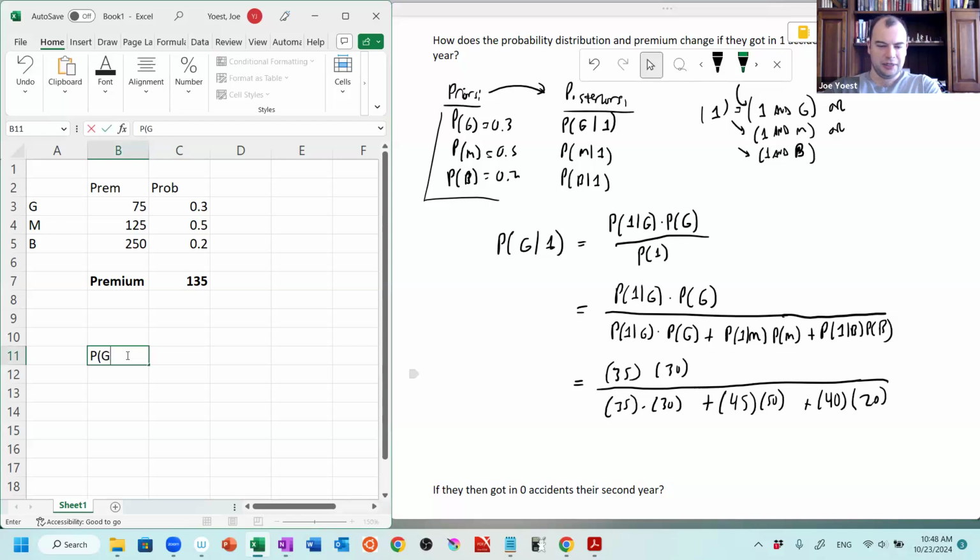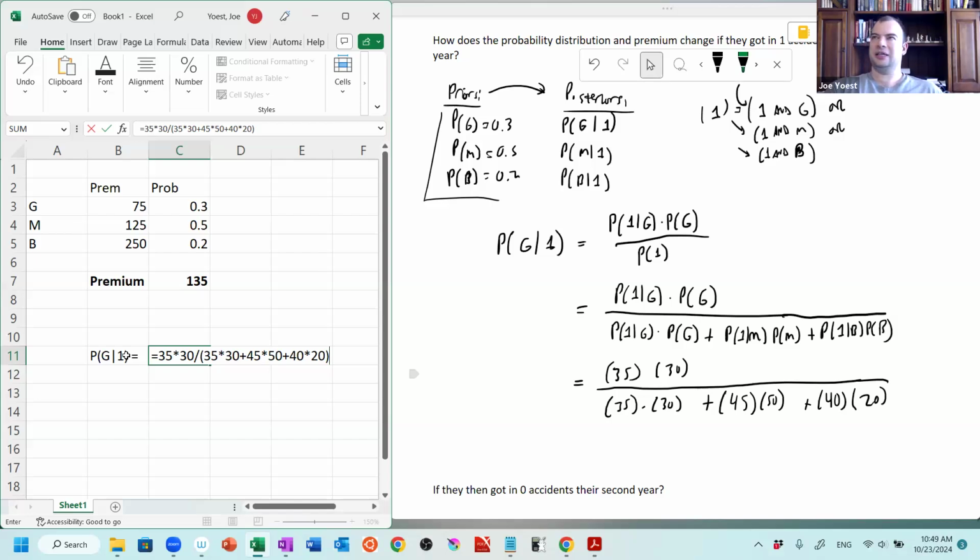So probability of good given one accident. Well, my numerator is 35 times 30, divided by my denominator, which is 35 times 30 plus 45 times 50 plus 40 times 20. I want to make sure that whole denominator is in parentheses so that I'm not doing 35 times 30 over 35 times 30.